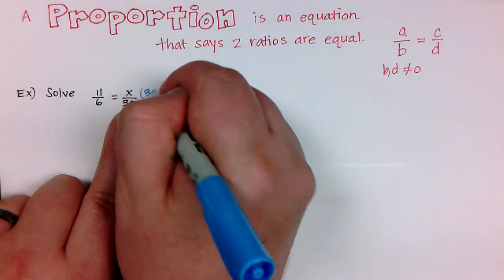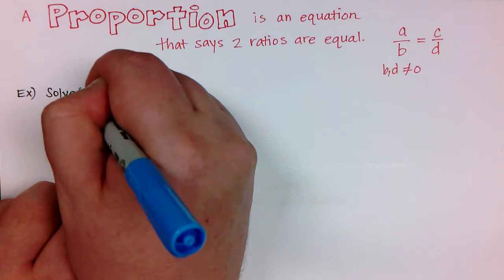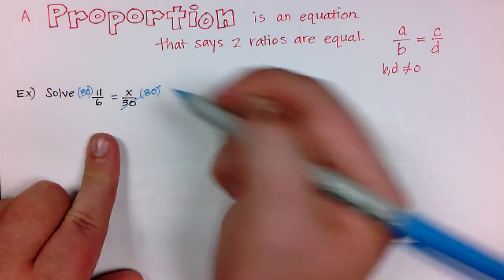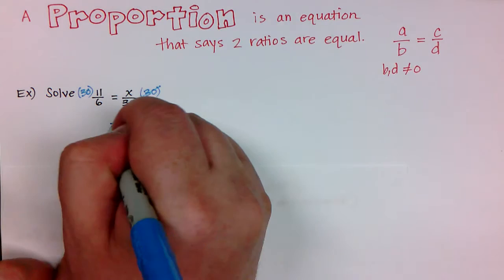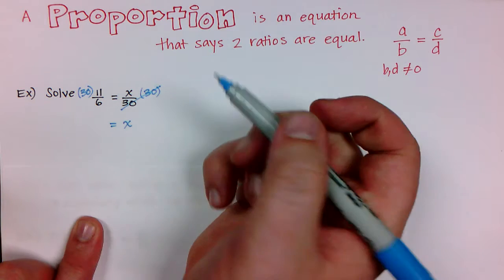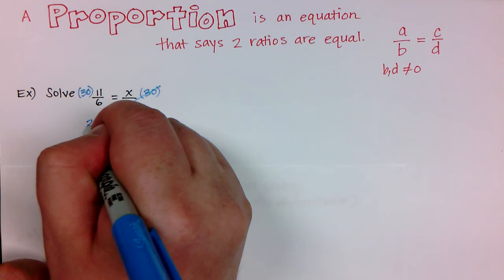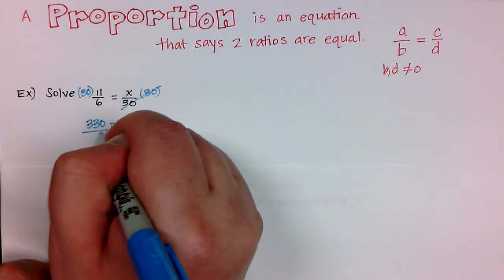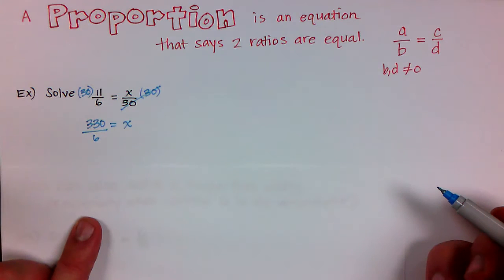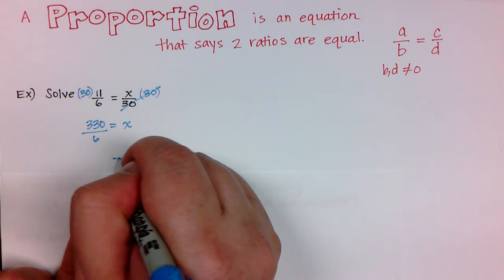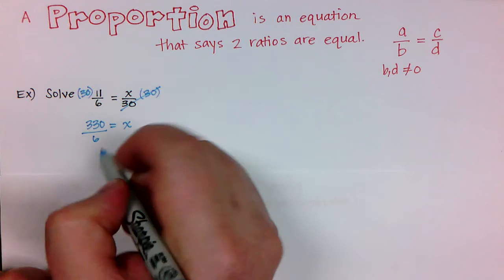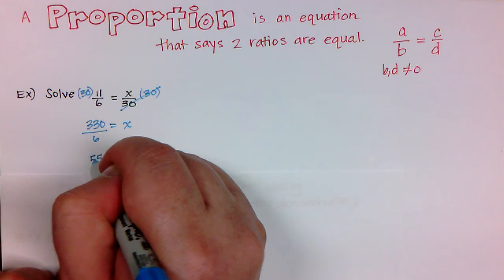So I'm just going to simply multiply both sides by 30. Rewrite what I have. I have x on the right side. 30 times 11 is 330 divided by 6. So one more step. Divide those two numbers, and I'm going to find that x is equal to 55.